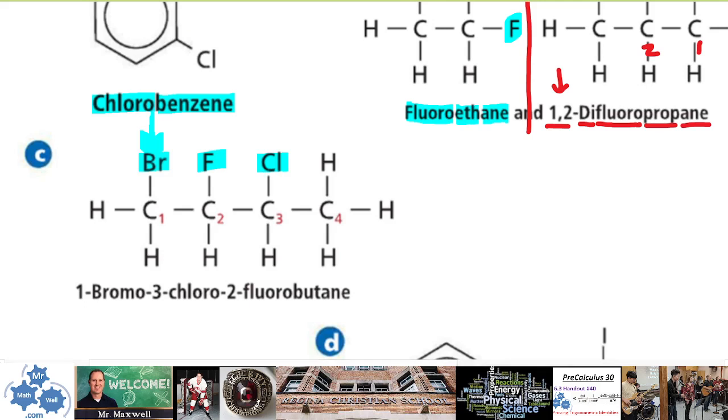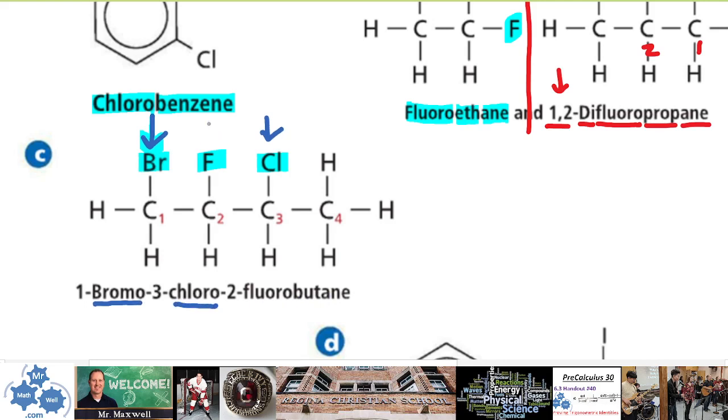What do you name next? Well, alphabetically, we have to name chlorine next. So this is 3 dash chloro. Notice that if there's more than one halogen, we just do the prefix there. We actually wait till the end to put the butane part. So just the prefixes.